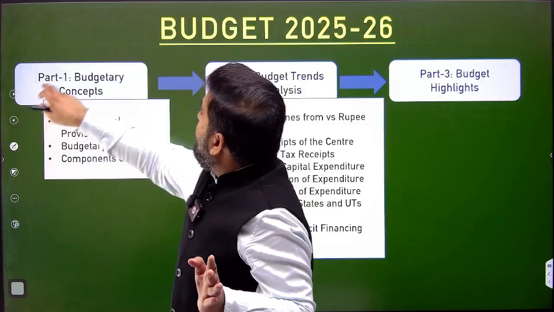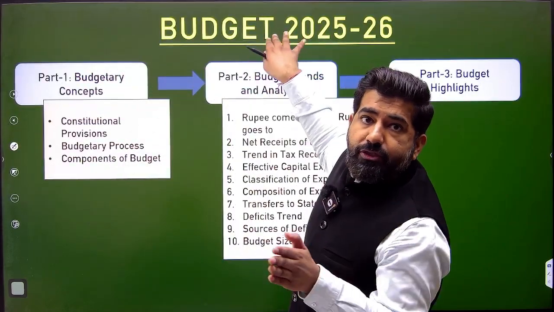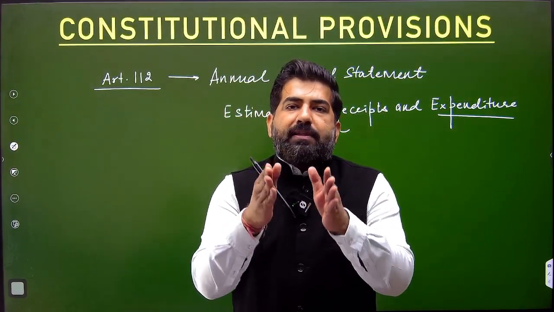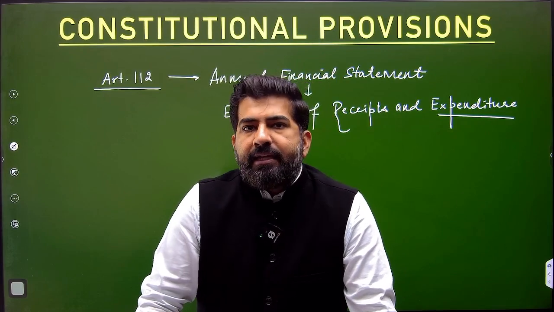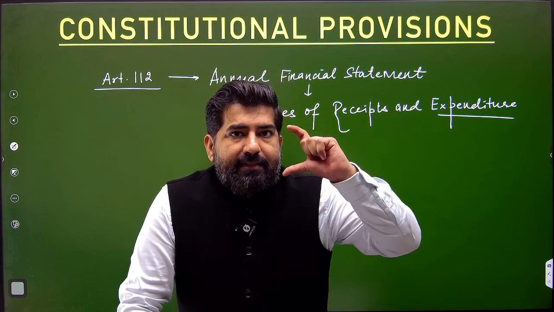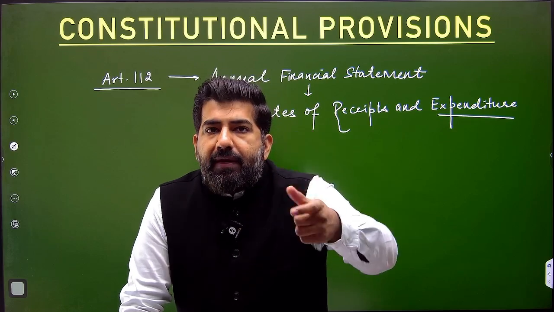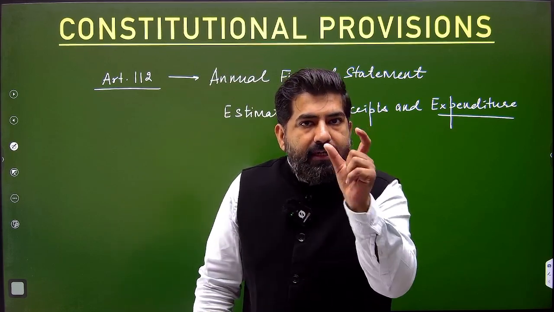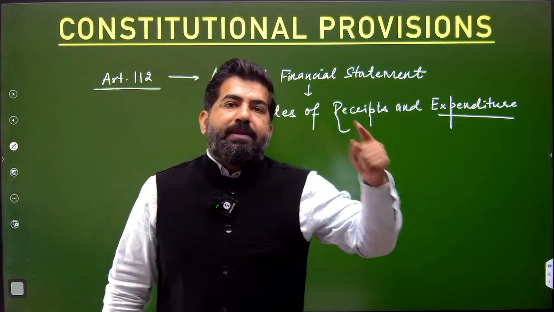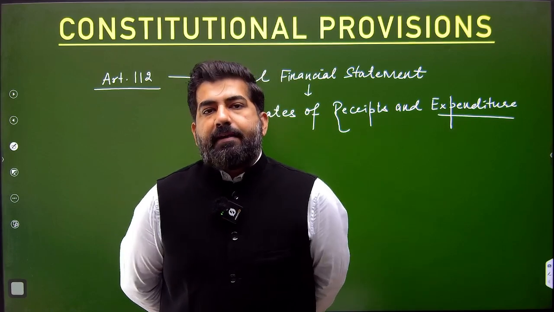That's why we say the budget is of 2025-26, because the estimate that comes now is for the financial year starting from 1st April 2025. So it clearly says that the president for every financial year shall, the word is shall, cause the annual financial statement to be laid before both the houses of parliament.